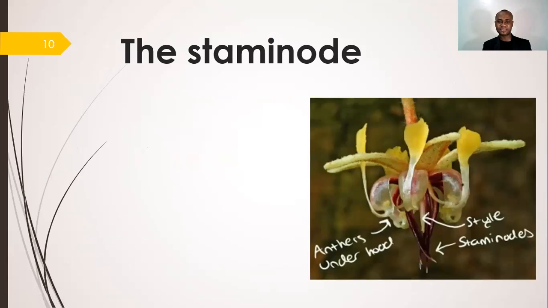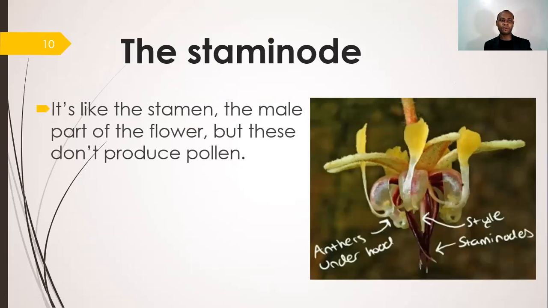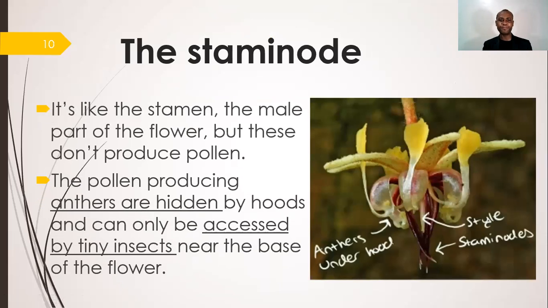All right, so let's talk about the staminodes. The staminodes are like stamens, the male part of the flowers, but these do not produce pollen grains. Okay, as you can see here, this is the staminode. They don't produce pollen grains. So the pollen-producing anthers are hidden by the hoods of the staminodes and can only be accessed by tiny insects near the base of the flower.